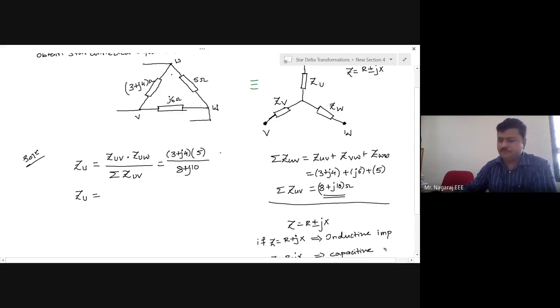For your convenience, I will be entering along with you in the calculator: 3 plus 4i into 5 divided by 8 plus 10i. You can substitute this entire equation in your calculator using the brackets.